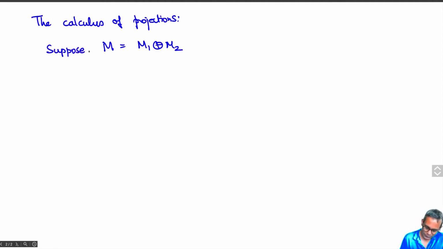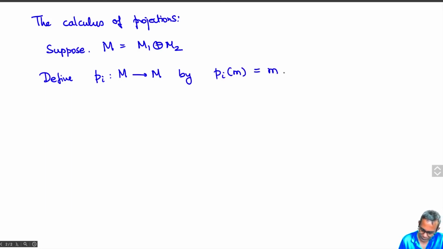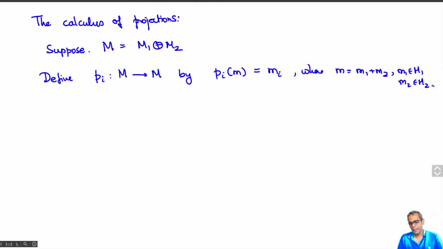Then what you do is define Pi from M to M as follows. If you have an element m, then you can write it as m1 plus m2 in a unique way with m1 in M1, m2 in M2. And so you just take P1 of m to be m1 and P2 of m to be m2.